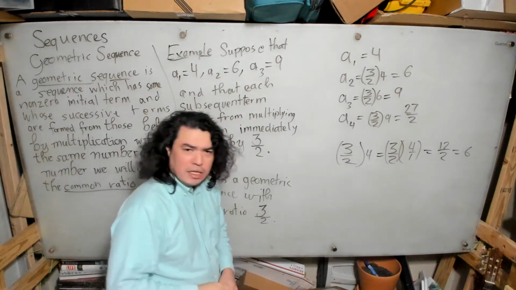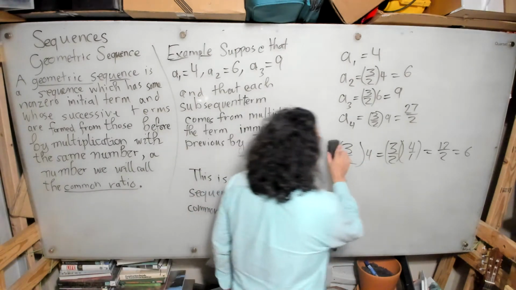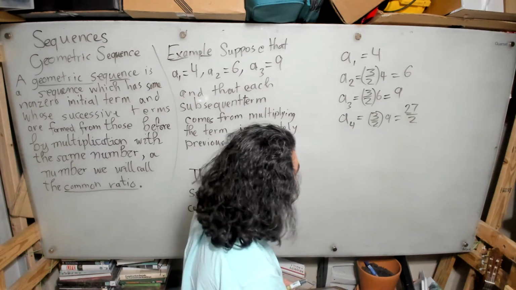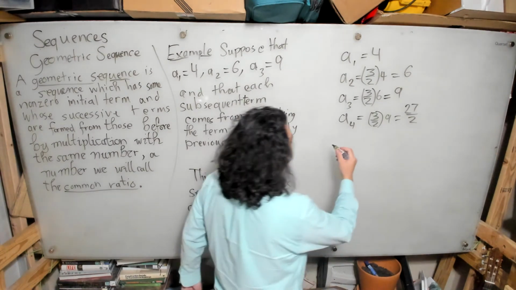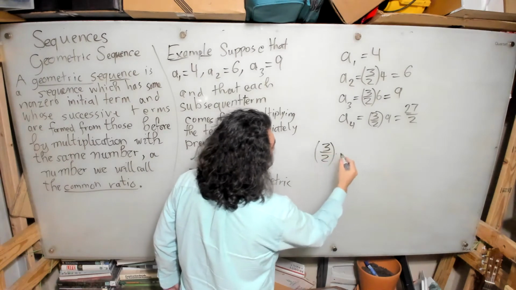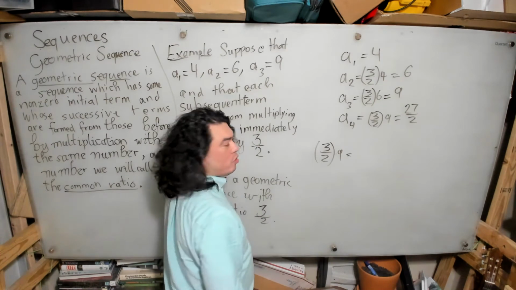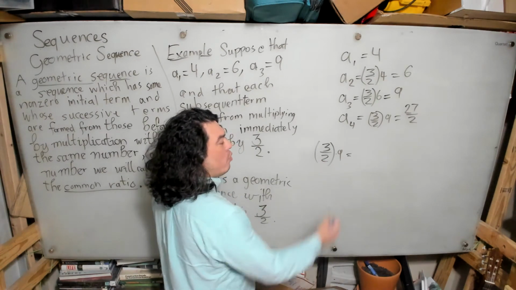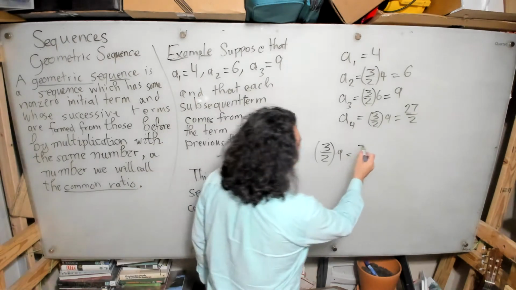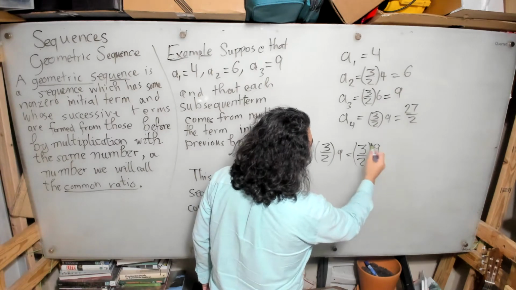Now, I want to make some observations, okay? Let me do this calculation for you real quick so that you can see that, and then we're going to do an observation, okay? So, what is 3 over 2 times 9, okay? Well, again, 9 is a whole number, so we can't do the multiplication yet, but we can convert the 9 into a fraction by setting it as the numerator and 1 as the denominator. So this is going to be 3 halves times 9 over 1, okay?